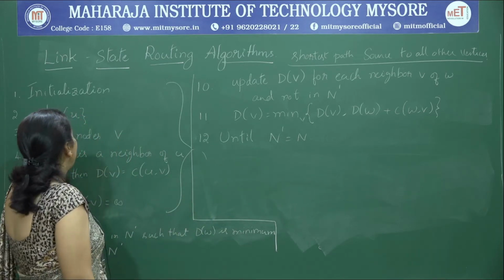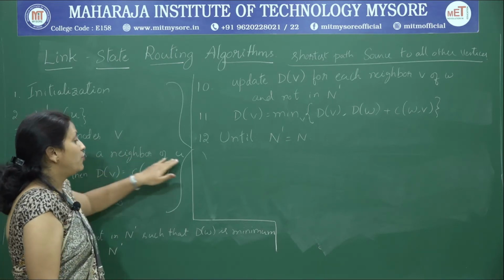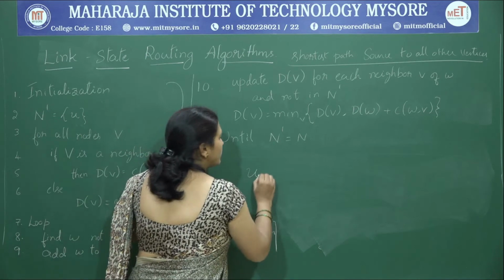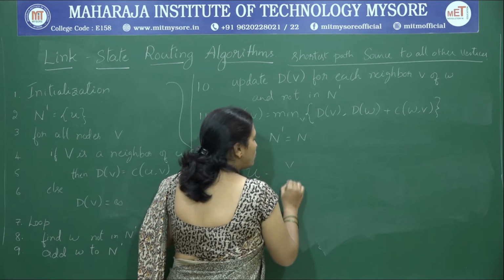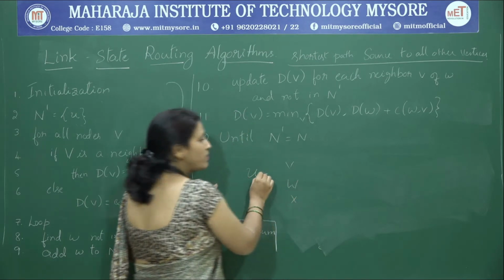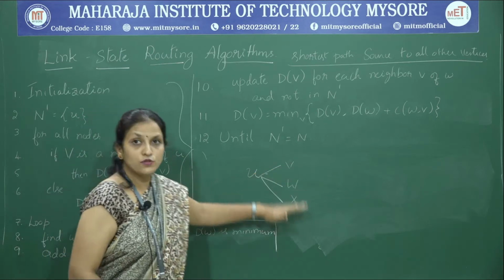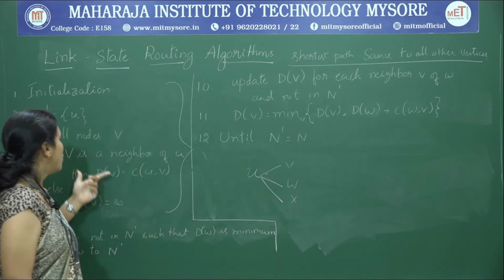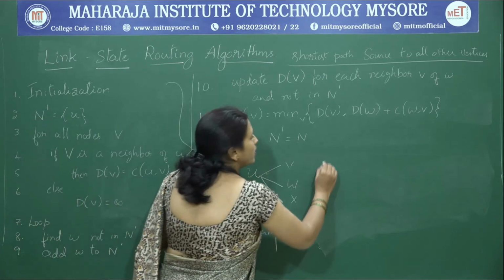Okay. Then for all nodes V, if V is a neighbor of U, if we consider U as a source, for all V, which are all nodes that we have as a neighbor to U, which are directly connected to U, for all those nodes, what are we supposed to do? We are supposed to calculate D of V. What do we mean by D of V?